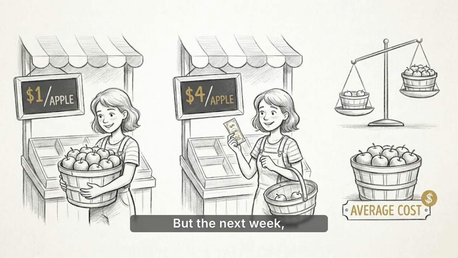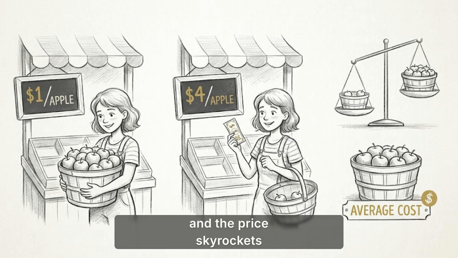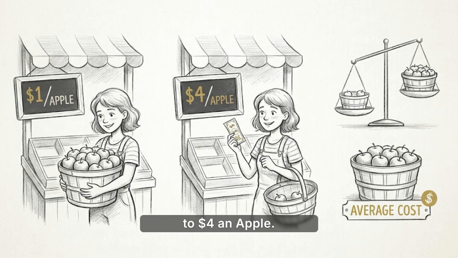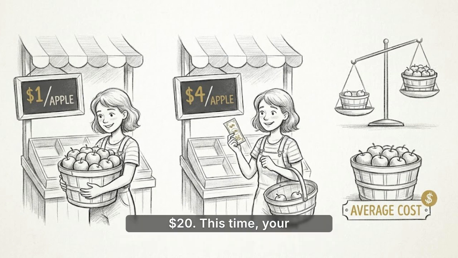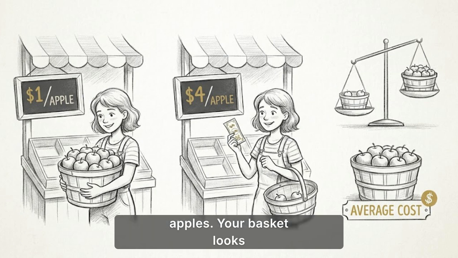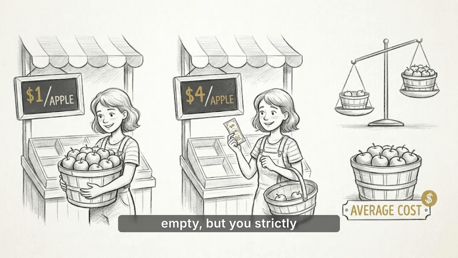But the next week, a supply shortage hits, and the price skyrockets to $4 an apple. You don't panic. You still stick to your budget and spend exactly $20. This time, your $20 only secures 5 apples. Your basket looks empty, but you strictly followed the plan.